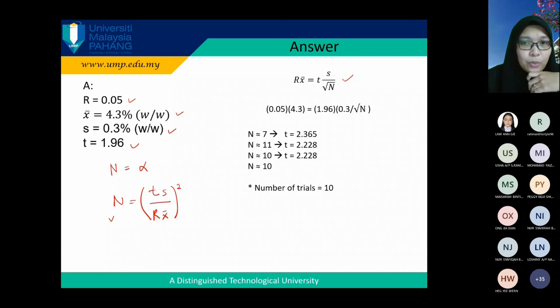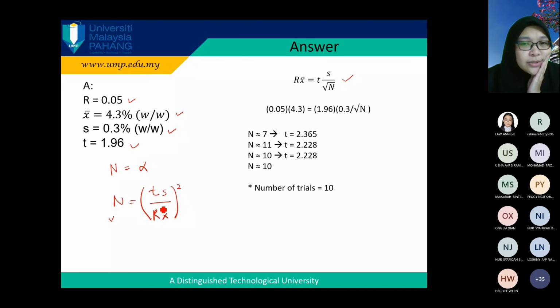So for the first one, 1.96 times 0.3 divided by 0.05 times 4.3, squared. Do you get 7?